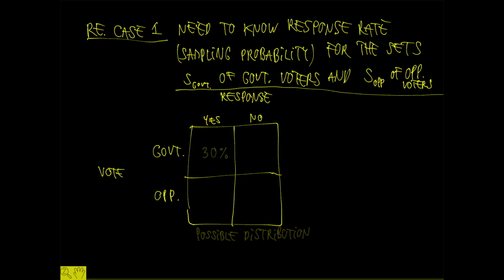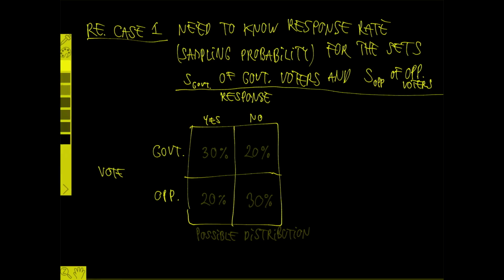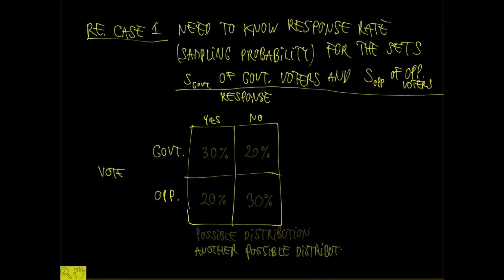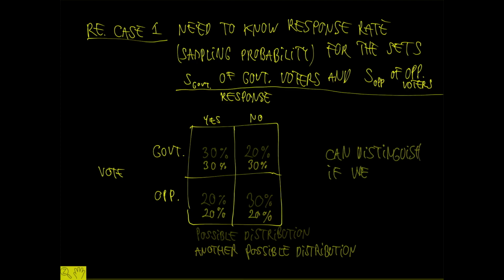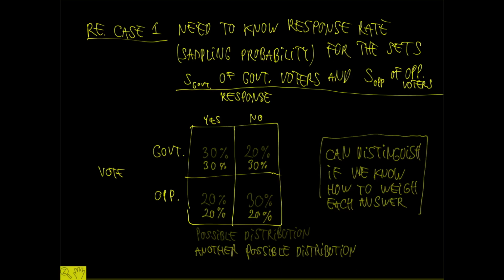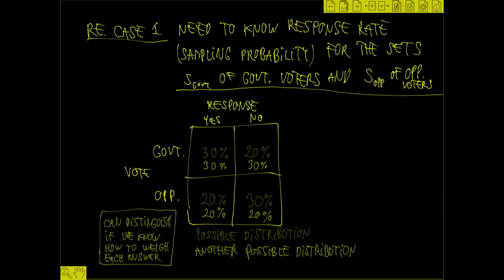One possible distribution is that actually both government and opposition voters are 50%, but they have different response rates. Another possible distribution is that the two categories actually have the same response rate, and hence actually 60% of the voters are government voters. We can distinguish between these two cases if we know how to weigh the different responses.